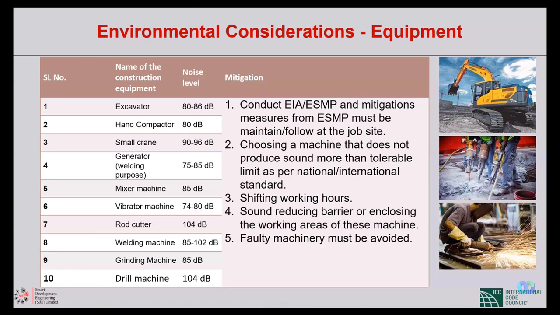And there is a more efficient way, using a sound barrier or enclosing the working areas of those machines. That is a very good way to reduce the sound or noise level while working. And most of the time, we do not need to use faulty or old machines. We need to change or update the machines that we use in our construction sites.